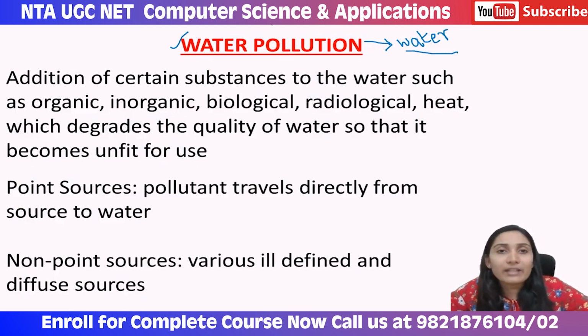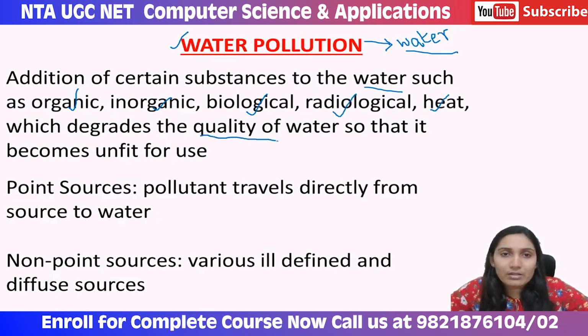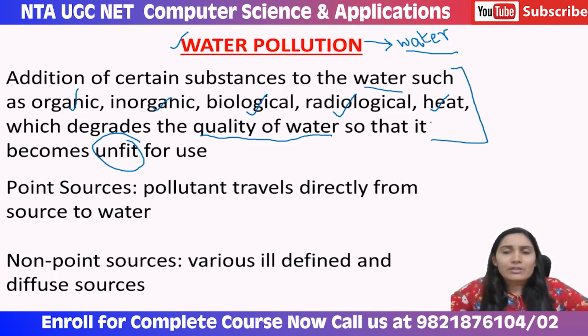So addition of certain substances to the water like organic, inorganic, biological, radiological, heat, etc., which degrades the quality of water so that it becomes unfit for use, is called water pollution. So here also, same thing as air pollution: certain undesirable materials are added to the water.